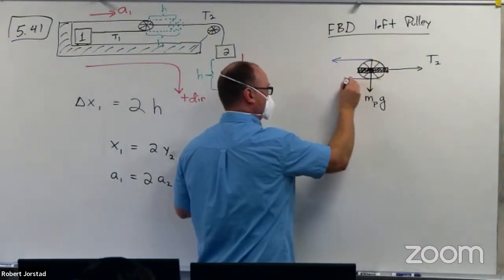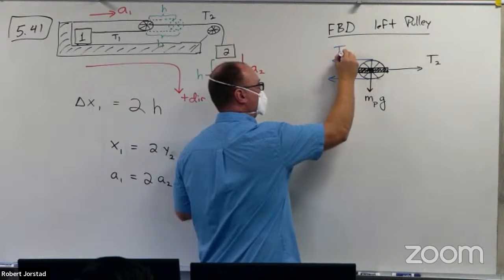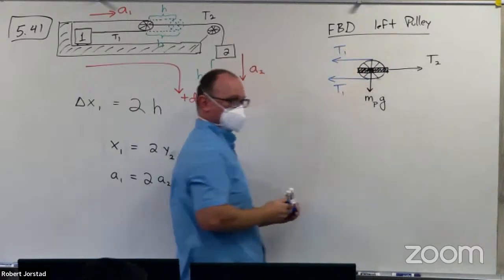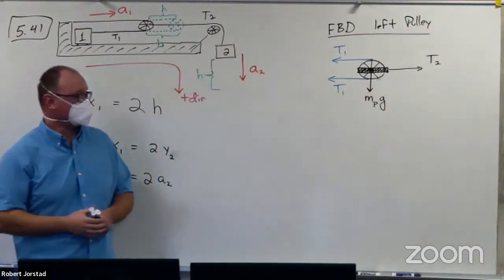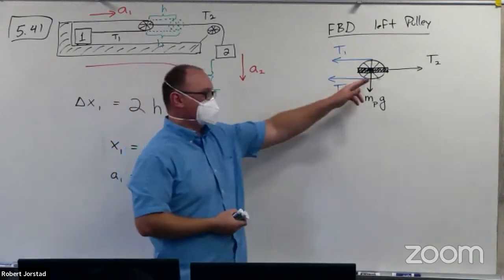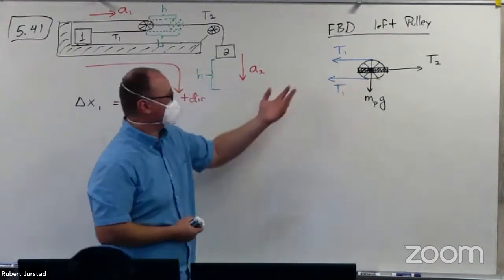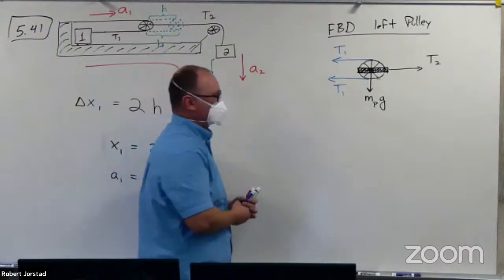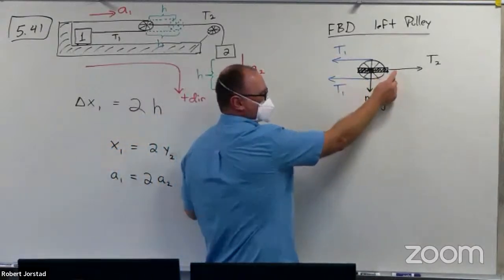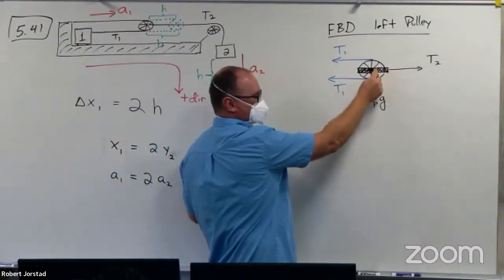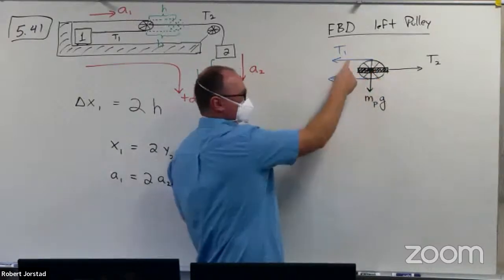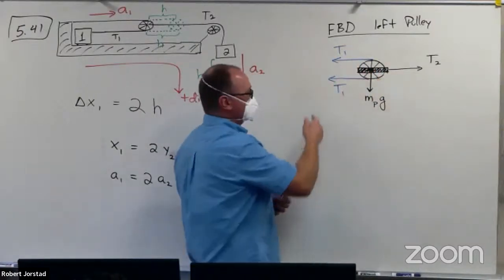If you didn't know this, the other string is being applied twice, right? So if you're not familiar with how pulleys work, this is an FBD of a pulley. In particular, this is a tension that's acting on the axle at the center of the pulley itself, but the string that wraps around the pulley is exerting a force on it.